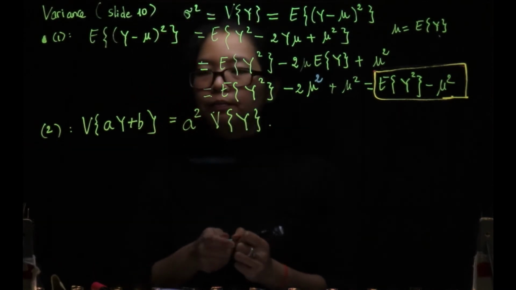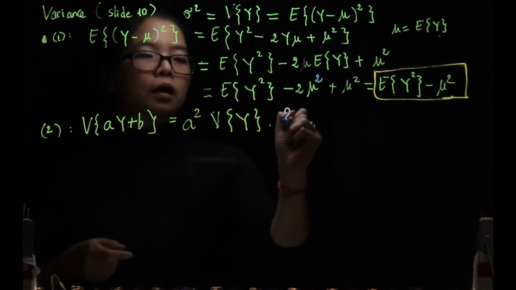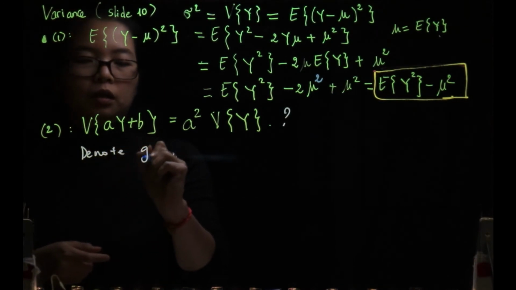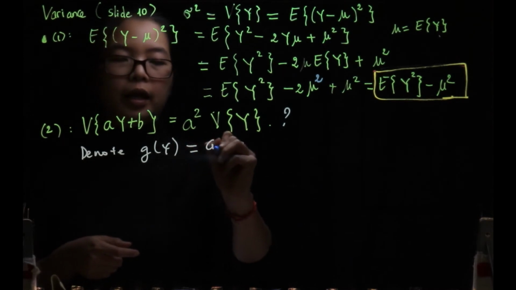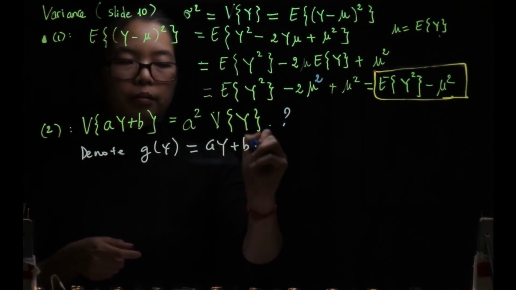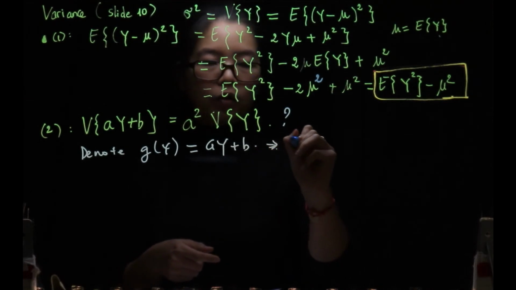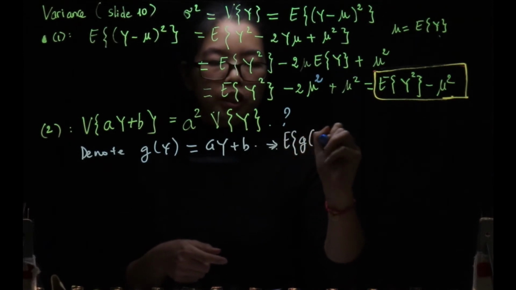To see this, let's first denote a function g of y as ay plus b. Now, then let's go ahead calculating the expected value of g of y.